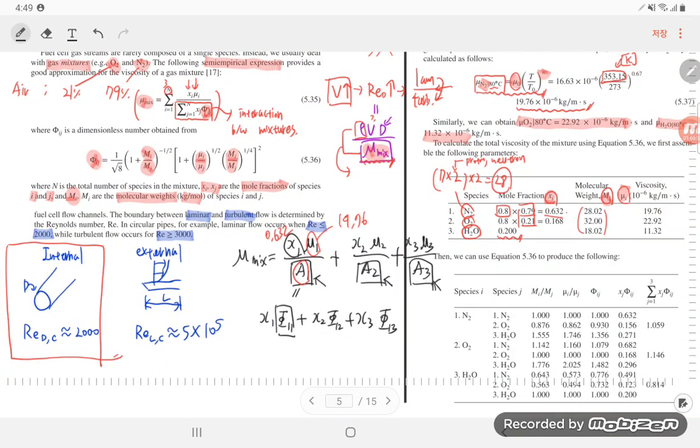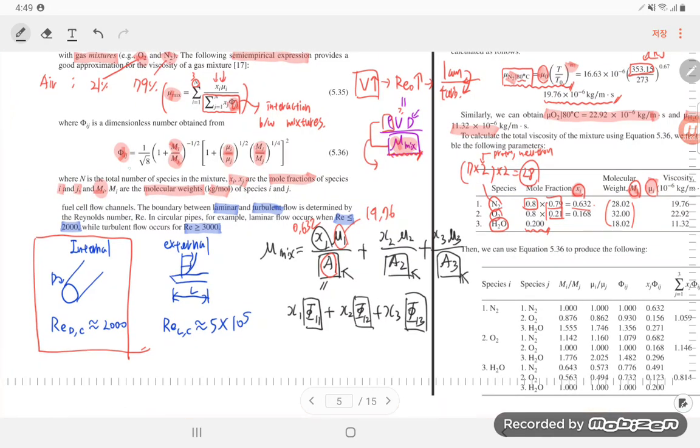And the pi 1 1, pi 1 2, pi 1 3, we should get this one. In here there is a relation.